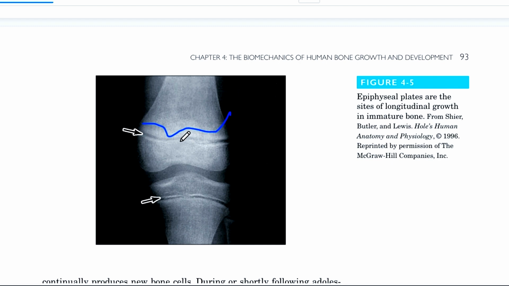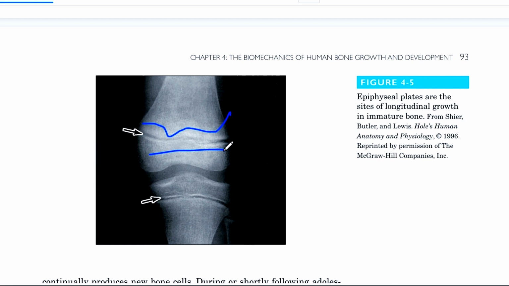So as you reach the adolescent stage of your life, your epiphyseal plates gradually disappear, and the upper and lower parts of the bone that we said move further apart fuse with each other, and further growth in length stops. Most epiphyses close around age 18, although in some individuals closure may occur as late as age 25.